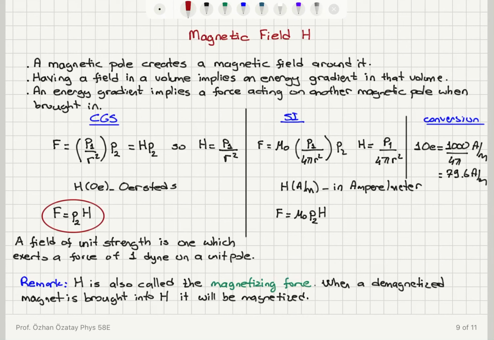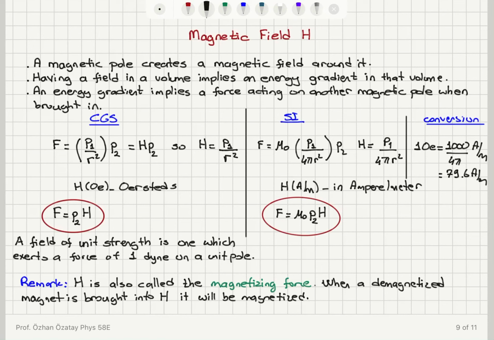We define the magnetic field as P1 divided by 4 pi R square, where the magnetic field is now in ampere per meter, and the force that appears between the two poles will be mu 0 P2 times H, the magnetic field created by P1, which is P1 divided by 4 pi r squared.